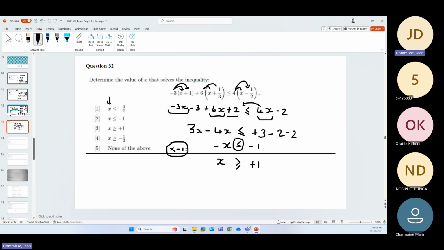So that is what changes when we multiply by a minus. Our final answer then will be x is bigger or equal to positive 1. And if you look at the options, there is option 3.